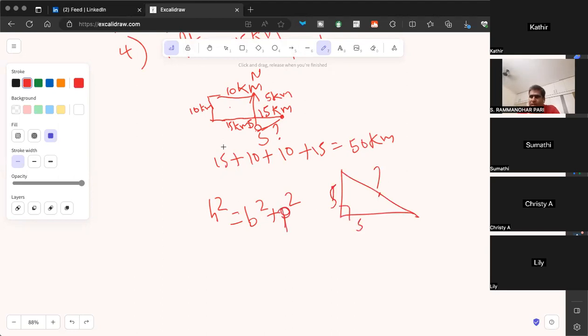Hypotenuse square equals b square plus p square. Here h is the hypotenuse, b is the base, and p is the perpendicular, that is the other side of it.